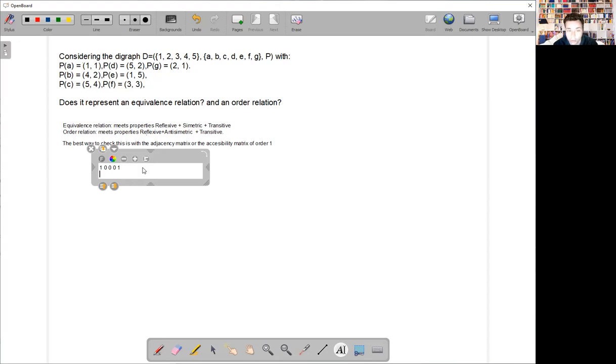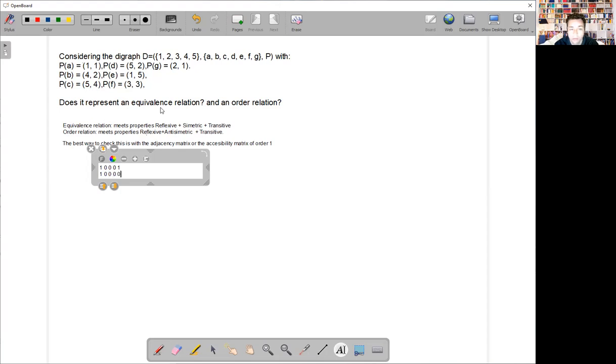So we go to the second row, and we have another path from 2 to 1, right? Path of length 1 from 2 to 1. So we put a 1 here. We don't have a path of length 1 from 2 to 2. We don't have from 2 to 3. We don't have from 2 to 4.